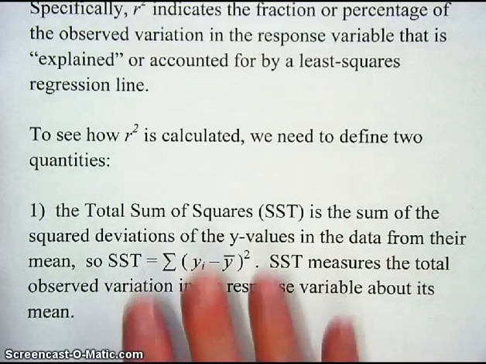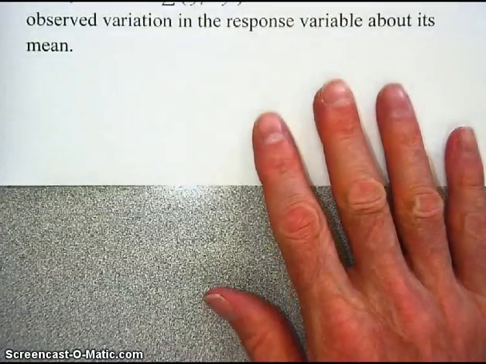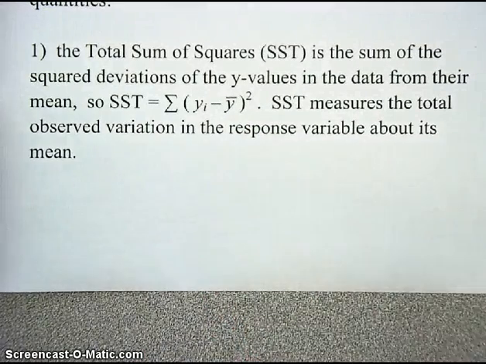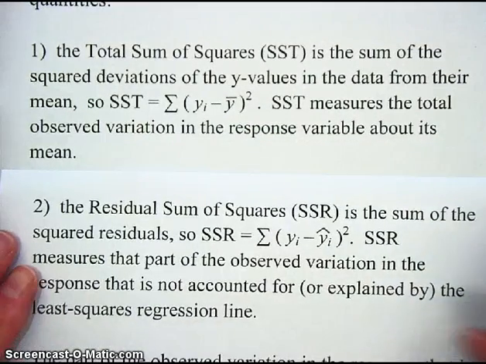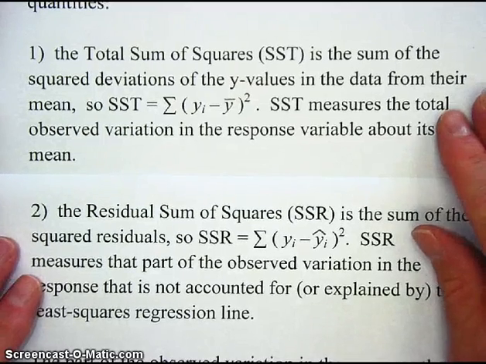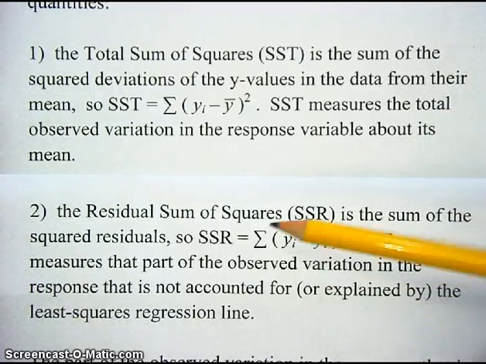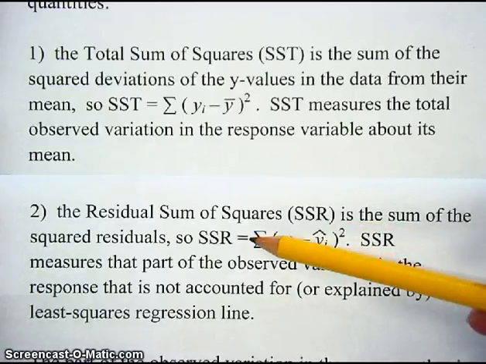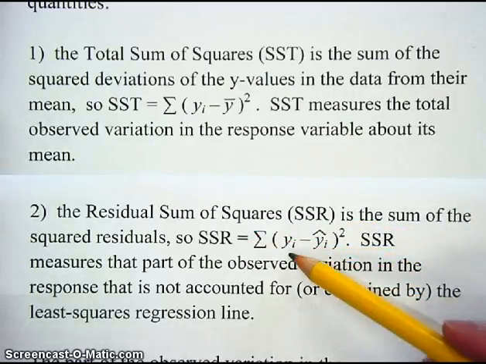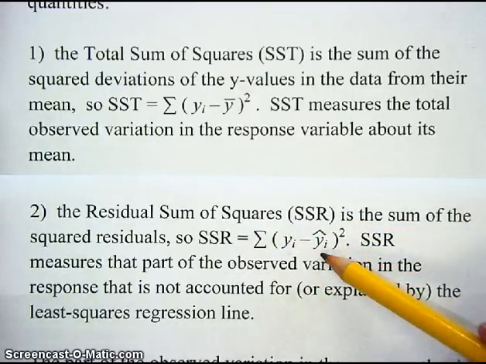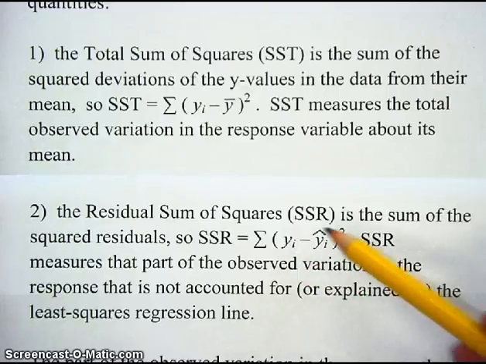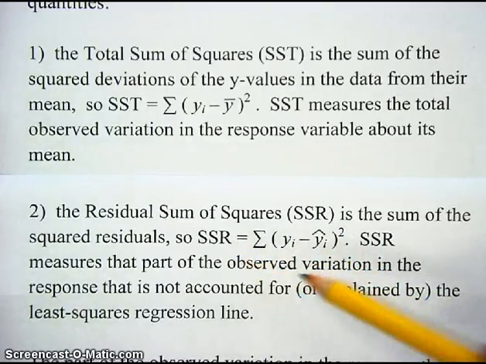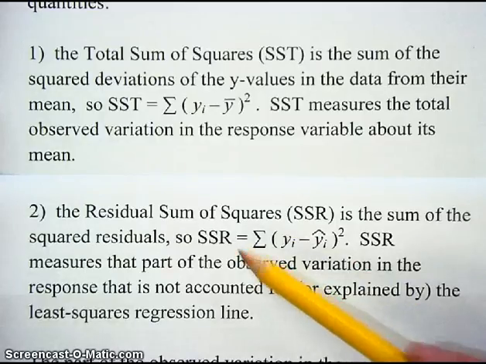This is sort of like the total variation in y that we're trying to explain, and hopefully we can explain at least some portion of that, or at least account for some of that, with the best fit line. Residual sum of squares is something you've seen before. We call this SSR. That's the sum of the squared residuals. You take a y value, you subtract the predicted y value for that same value of x, you square that residual, and then you add up all the squared residuals, and get this SSR.